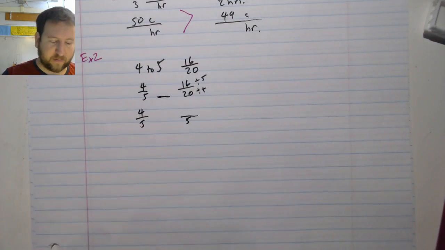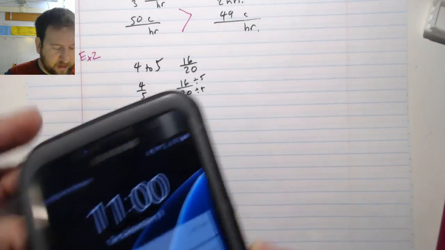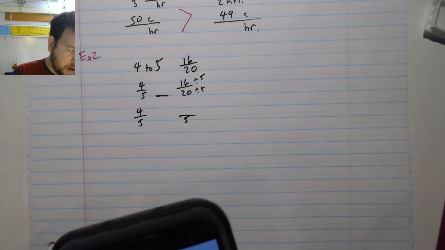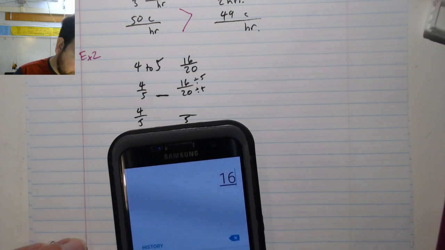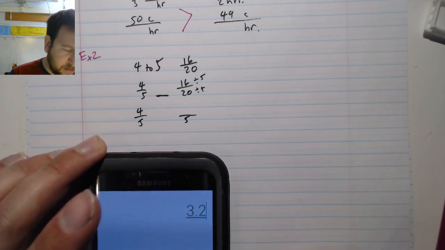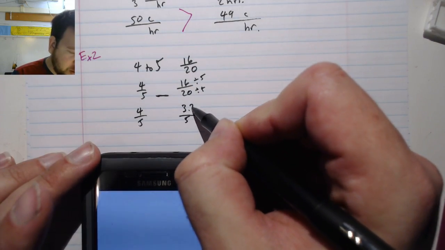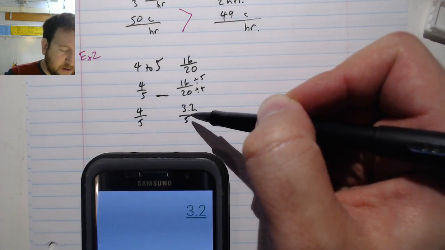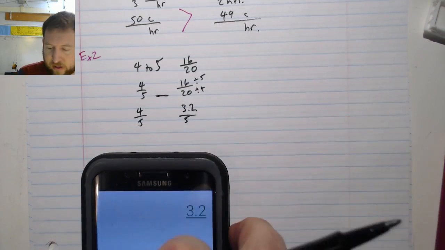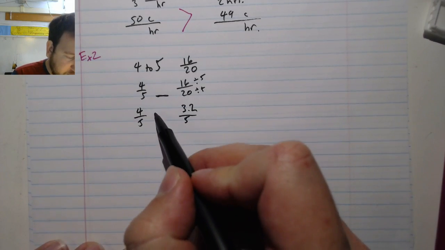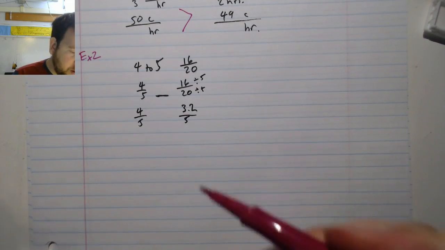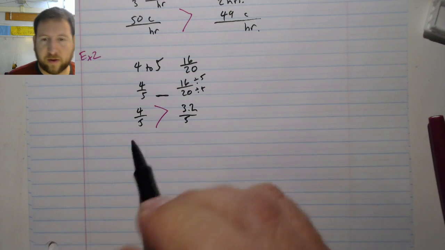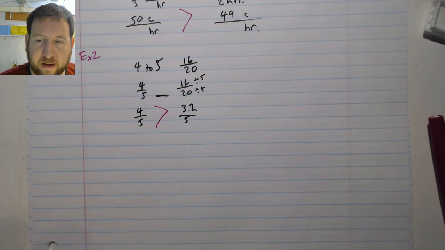This 16 divided by 5, oh, well, that one is not going to work as well. I'm going to have to do 16 divided by 5, which is going to give me 3.2, which in this case works. I can have a decimal over my fraction because I can still compare between these two. In this case, I can see that 4 over 5 is definitely bigger than 3.2 over 5. And I know this rate is bigger.